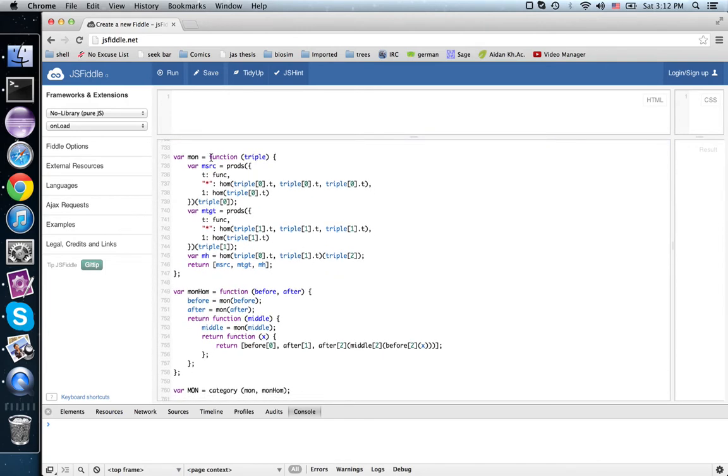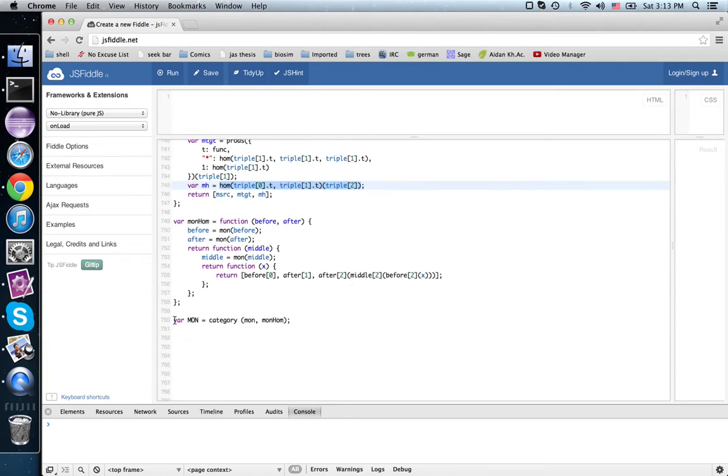Also showed how to make a contract for monoid homomorphisms, which has a very similar structure. Has an input contract, an output contract, and a function mapping between them. And then we compose, well, we do just the same thing when we're composing them. We get this category mon.